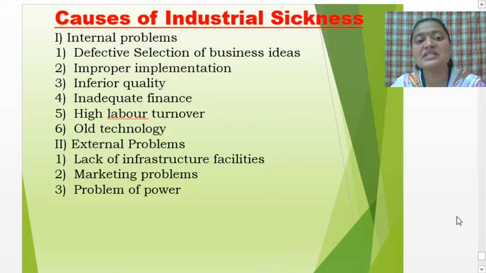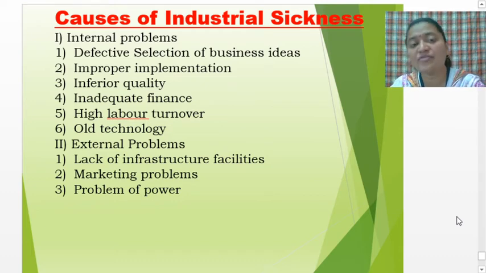The next one is inadequate finance. What do you mean by inadequate finance? If there is no proper finance or funds provided to the industry. As you already know, finance is the lifeblood of the organization. Without money or finance, the industry cannot run. There should be sufficient finance, and only then will the industry be profitable.